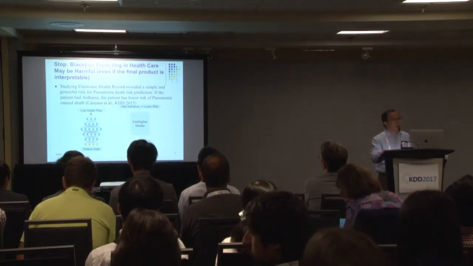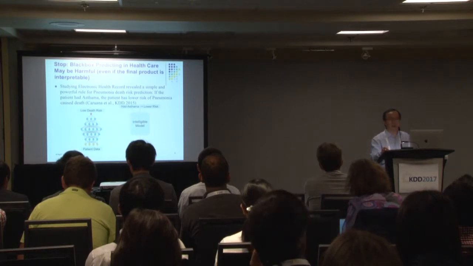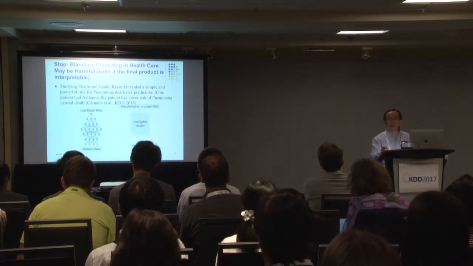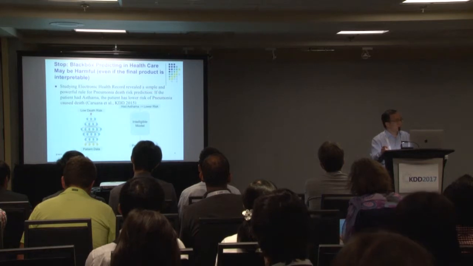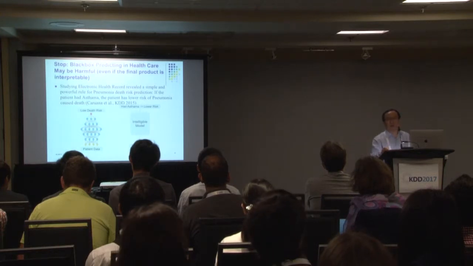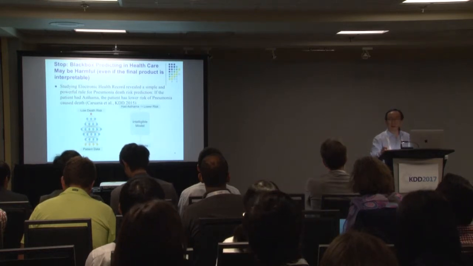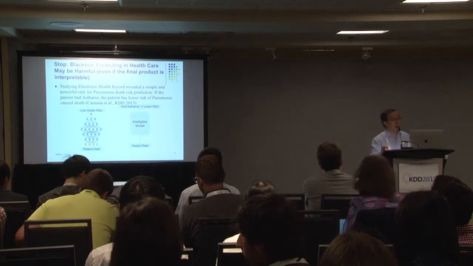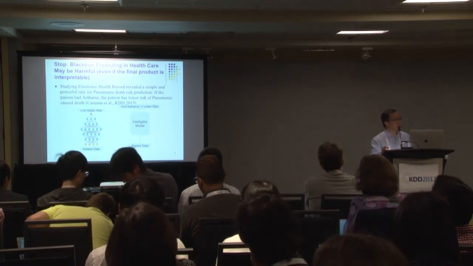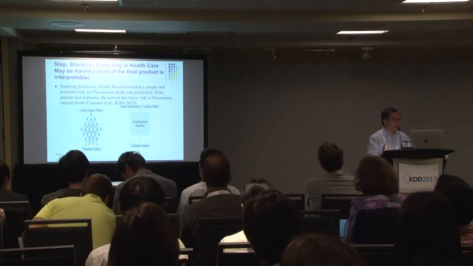They showed that most of the patients, when they have pneumonia, will be admitted through the intensive care unit, ICU. As a routine in the ICU, the physician will ask the patient whether they had asthma before. If the answer is yes, the physician will order intensive care. And because of the intensive care, the patient actually has lower risk of pneumonia-caused death. So that's actually great.